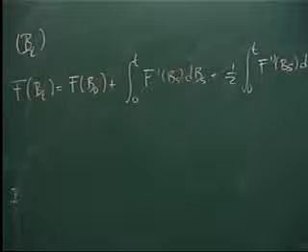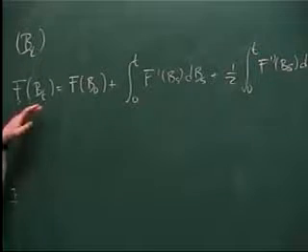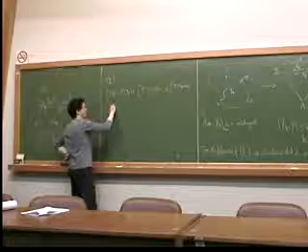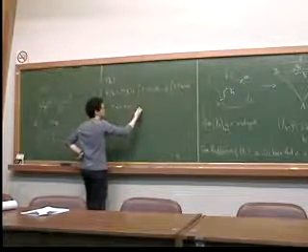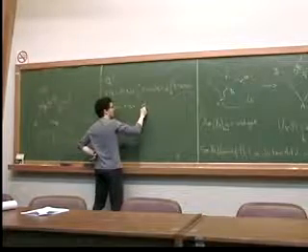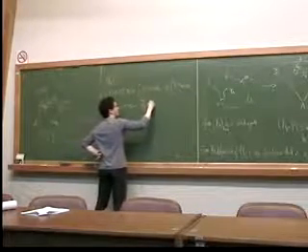Where does this come from? Well, you just decompose f of B_t minus f of B_0 into infinitesimal increments.